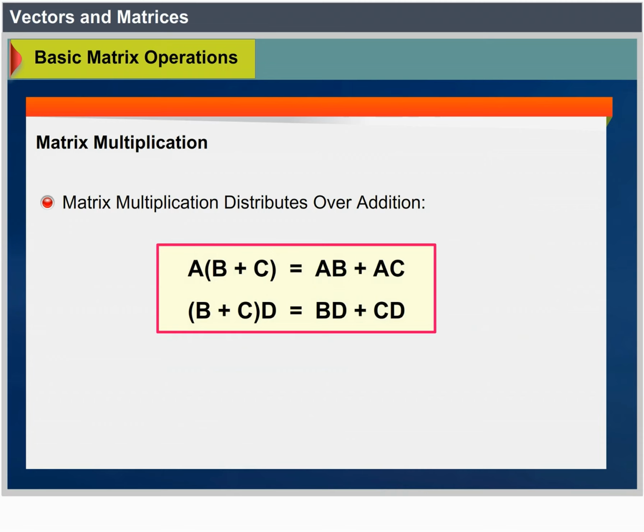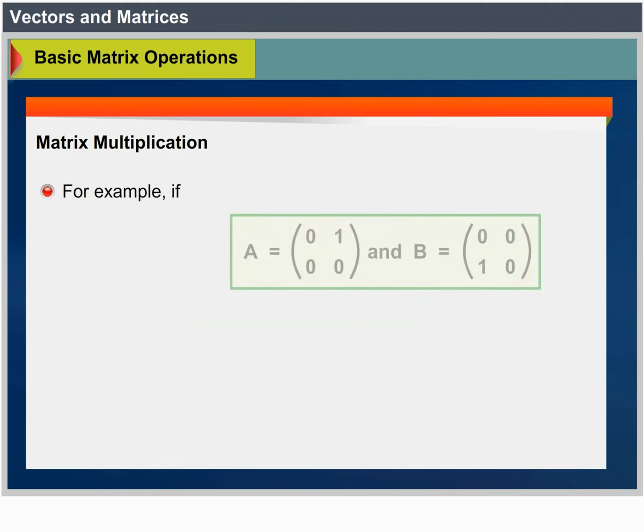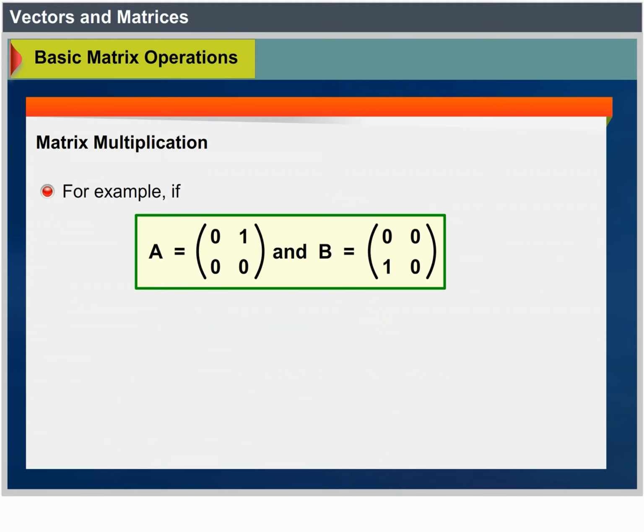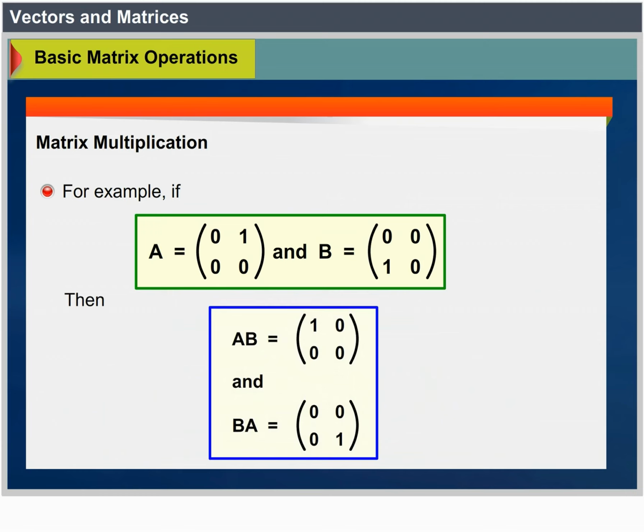For n greater than 1, multiplication of n by n matrices is not commutative. For example, if A equal to 0, 1, 0, 0 and B equal to 0, 0, 1, 0, then AB equal to 1, 0, 0, 0 and BA equal to 0, 0, 0, 1.